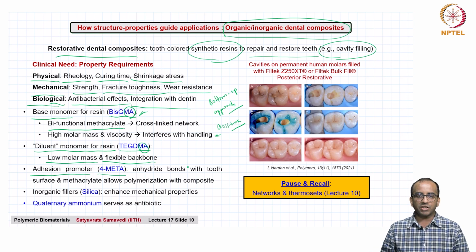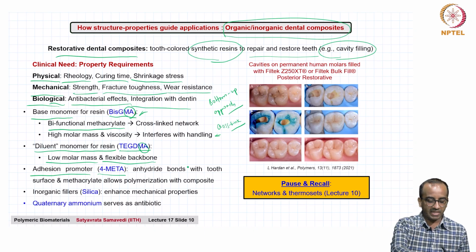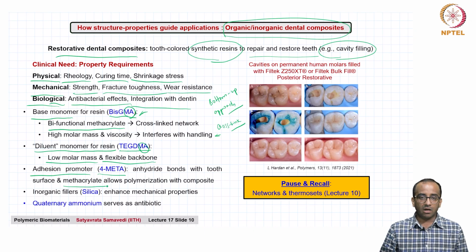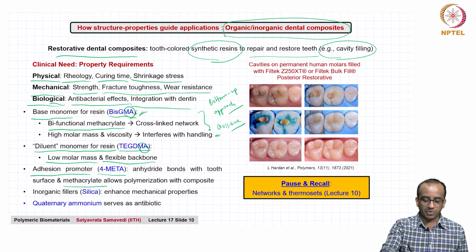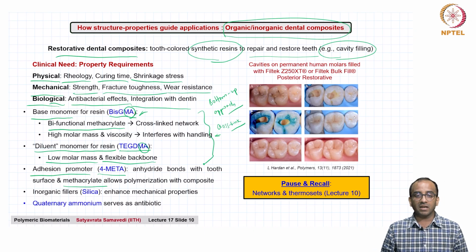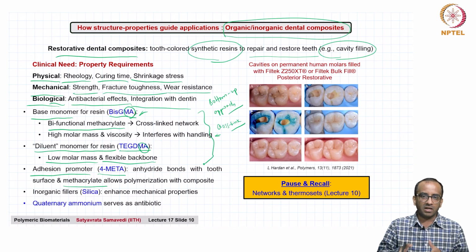So we have these bifunctional adhesion promoters, where one end, the methacrylate functionality, allows polymerization with the rest of the composite, while the other side, anhydride, can favorably interact and bond with the dentin or the calcium phosphate or hydroxyapatite found in the teeth. So that acts as an adhesion between the composite resin and the dentin or the enamel.